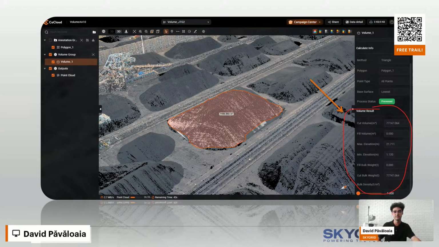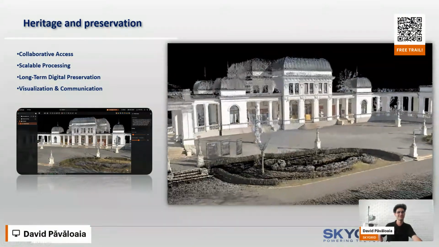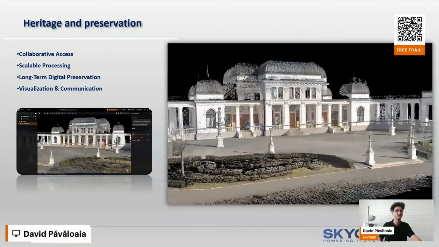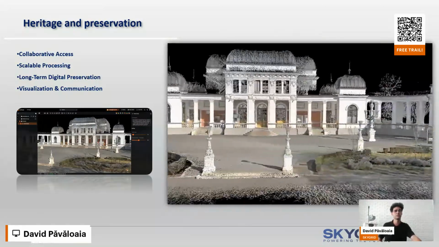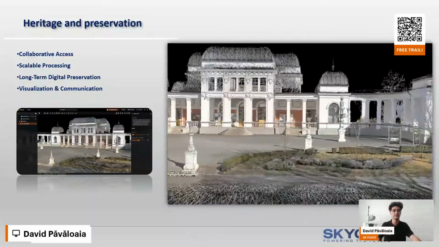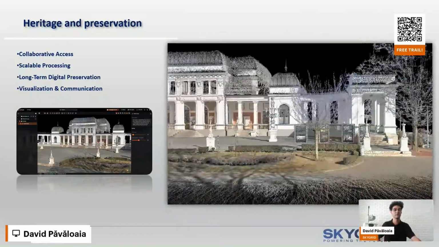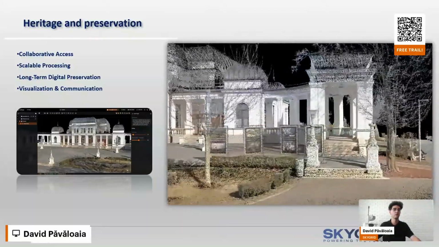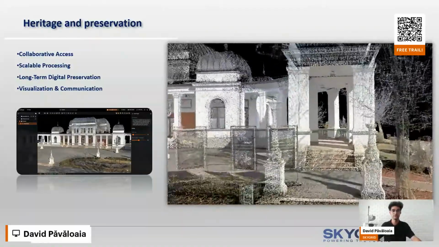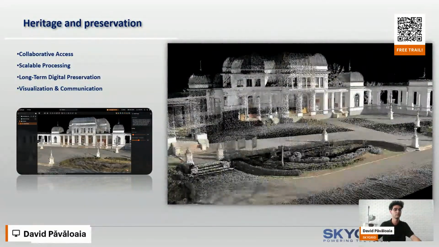Also, here we have an industry close to my heart, let's say, heritage and preservation, where using CoCloud, researchers and also stakeholders can access and analyze the same data set remotely without the need for heavy local computing resources. Also, it handles large and complex point clouds or 3D mesh models in the cloud, ensuring efficient workflows even for those big heritage sites.